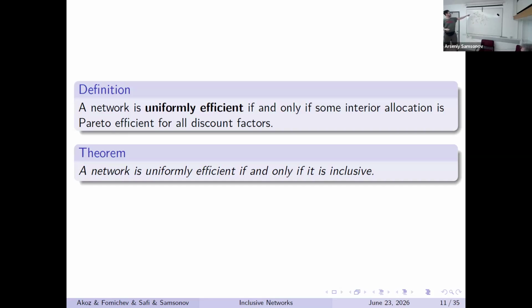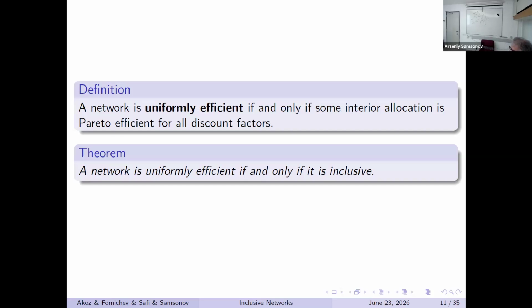In this case we do a slightly different thing. We send a small amount from here to here, but we also send a small amount to all these guys to compensate them for losing. So for some discount factors, we can decrease the amounts that we send to the central guy and to the guys outside of this claw to make sure it's a Pareto improvement.